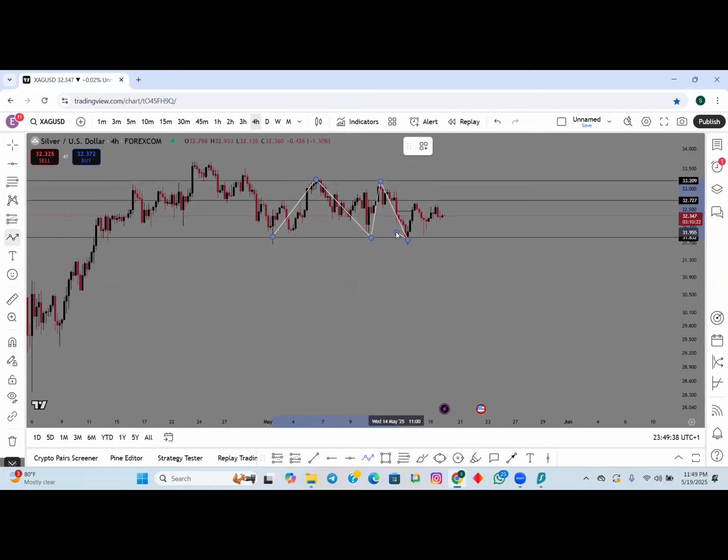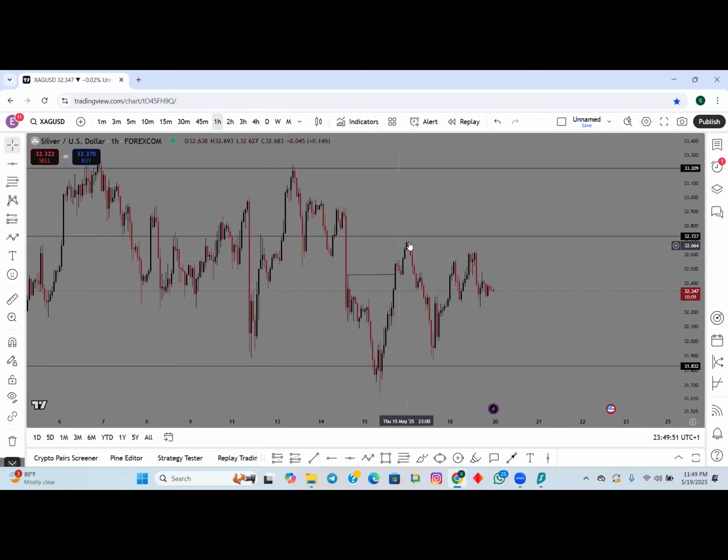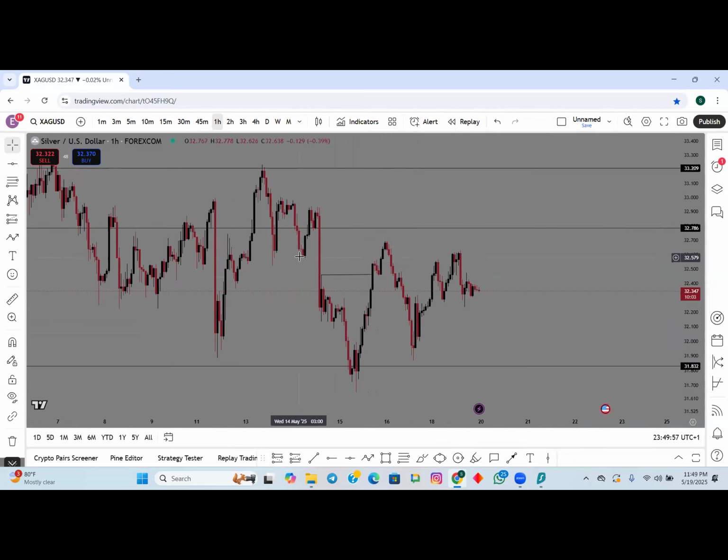But this down one has given a shift in structure, and it's testing it already and it's buying. Your exit point should be somewhere around here, because this is a break of structure and it needs to be mitigated.